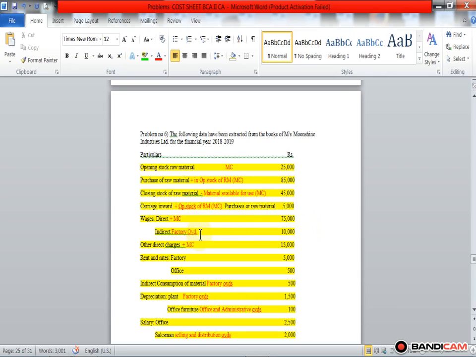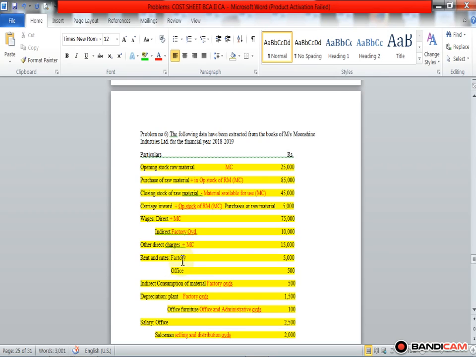Indirect wages, factory overheads, so it is an expense which is related to factory, so transfer to factory overheads. Other direct charges means other direct expenses, add in material consumed, we get a prime cost of the organization.